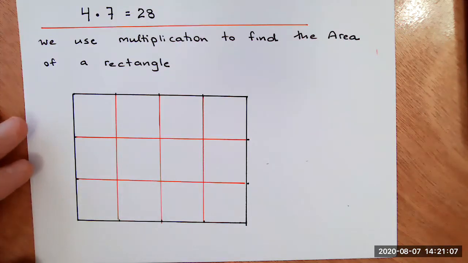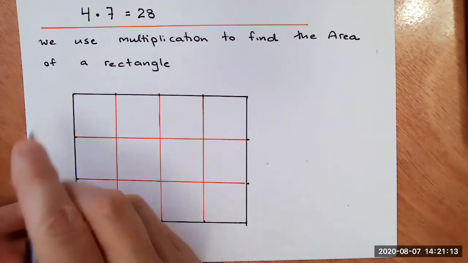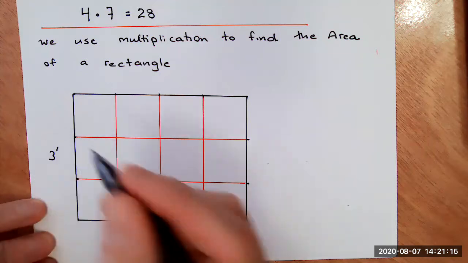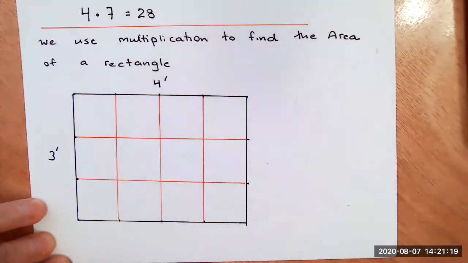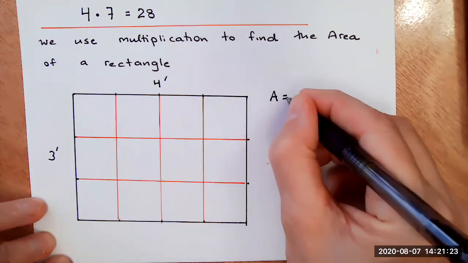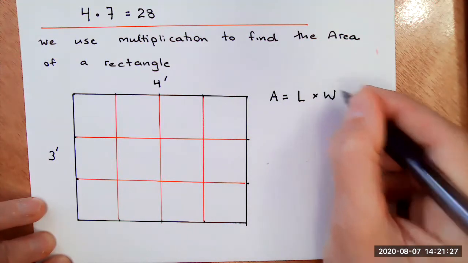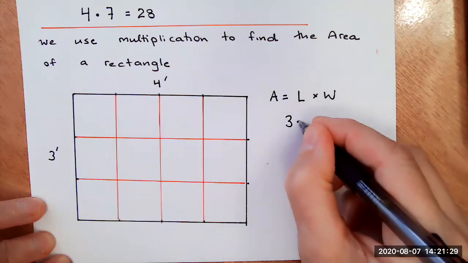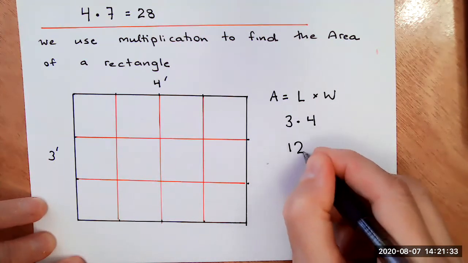We use multiplication to find the area of a rectangle. If you have a rectangle that's 3 feet by 4 feet, then the area is the length times the width, or 3 times 4, which is 12.